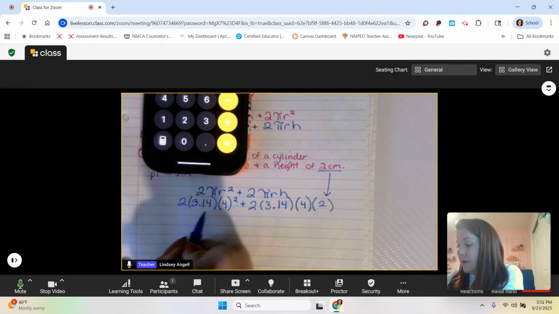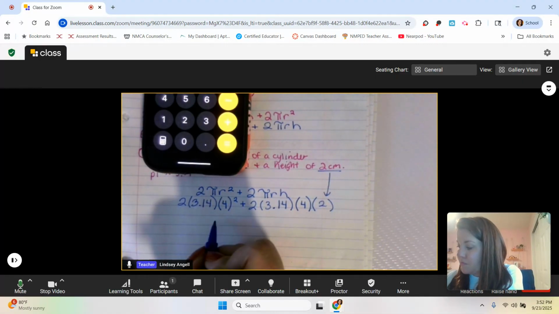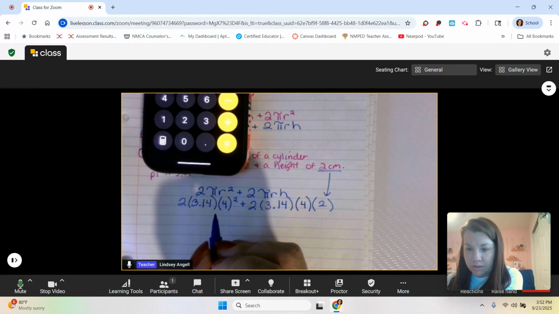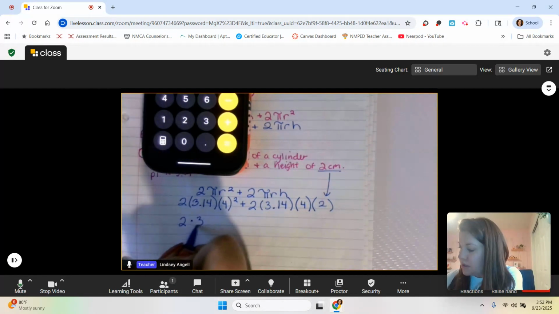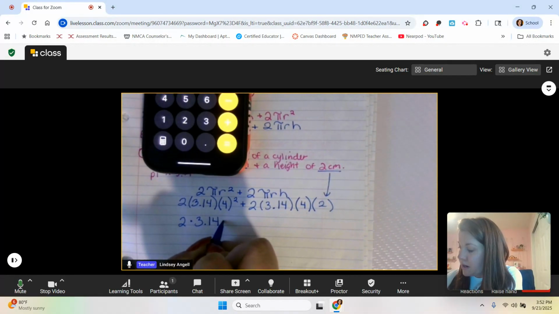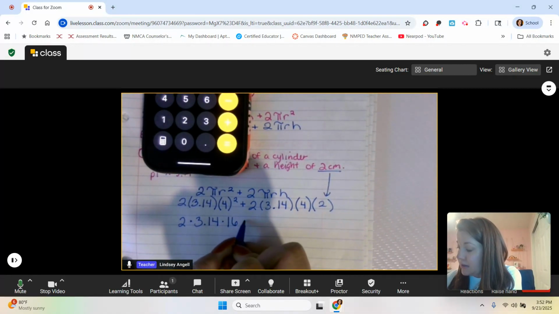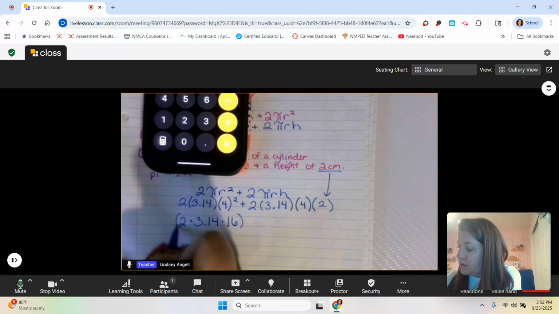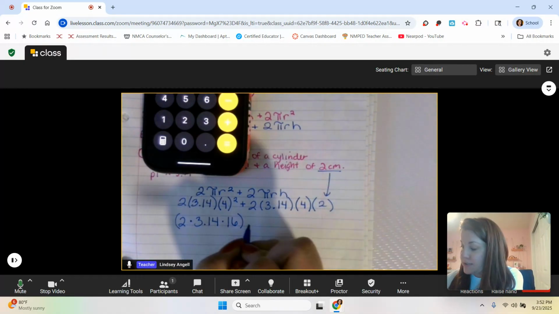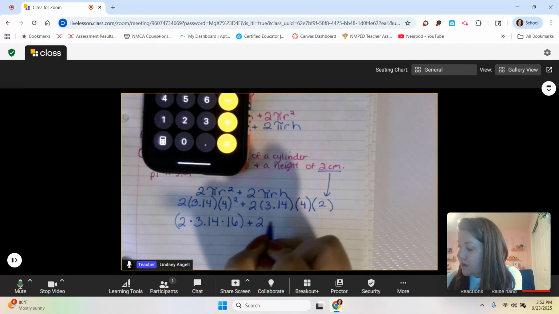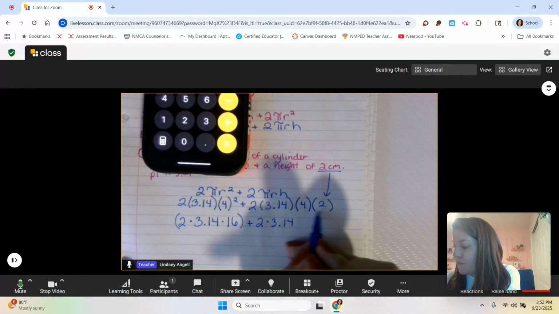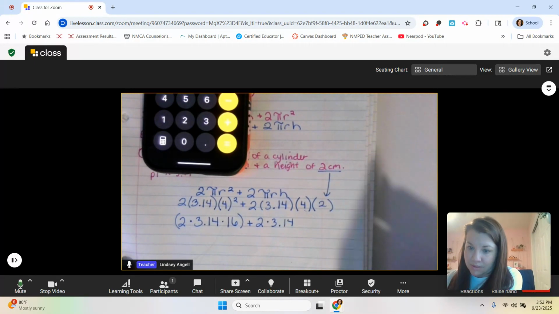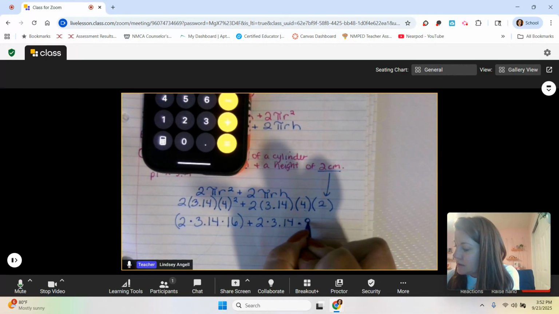So maybe you don't know what 3.14 is, but we do know what 4 squared is. 4 squared is equal to 4 times 4, which is 16. So we could say 2 times 3.14 times 16. We're going to multiply all of that together first, and then we're going to add that to 2 times 3.14, and then 4 times 2, that's equal to 8.